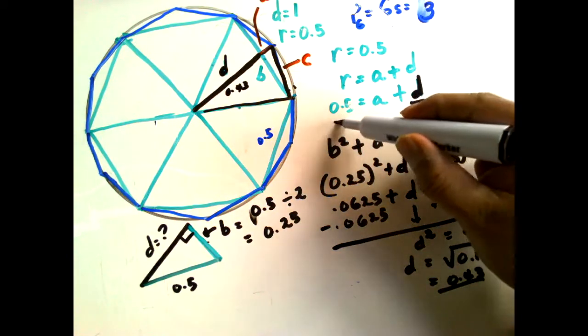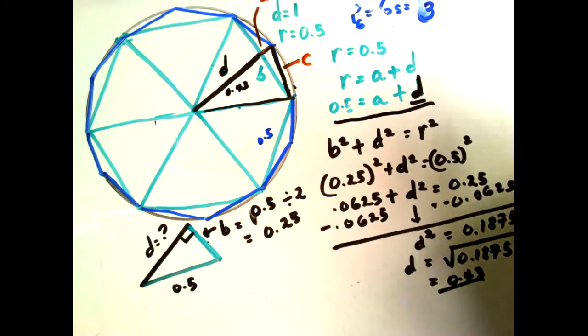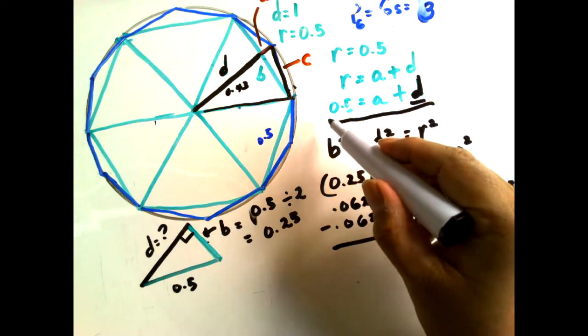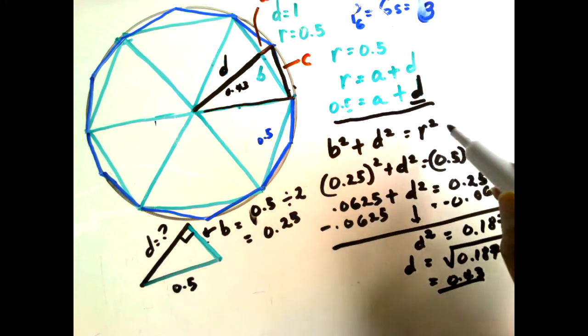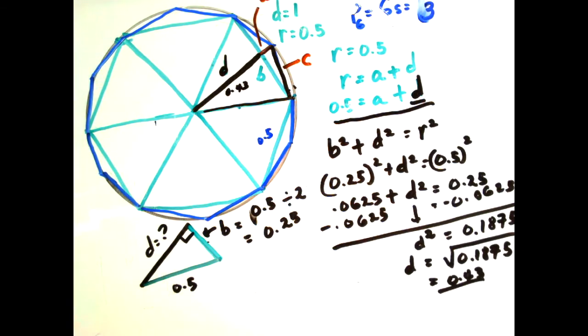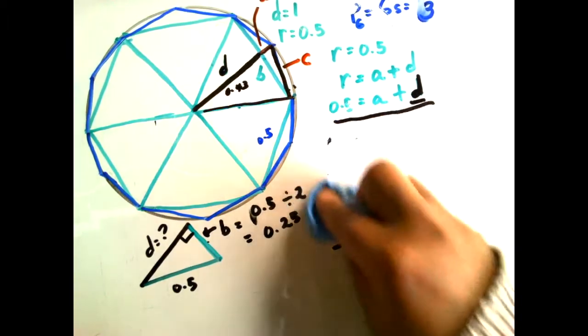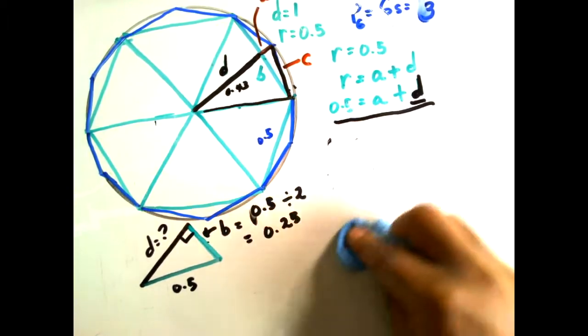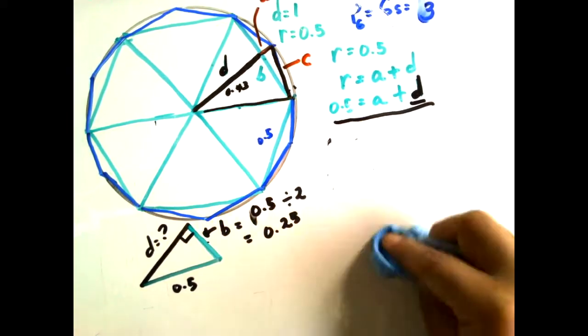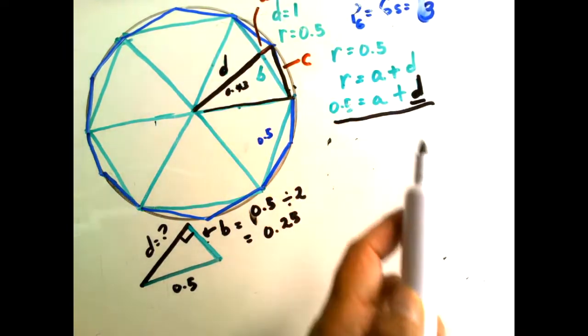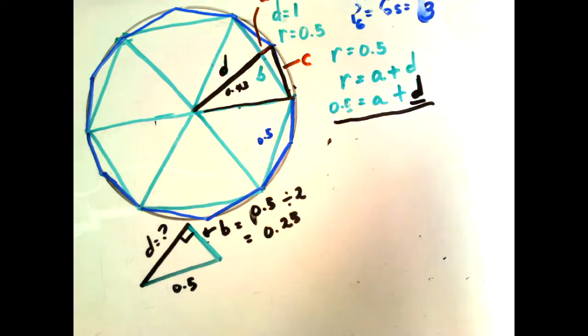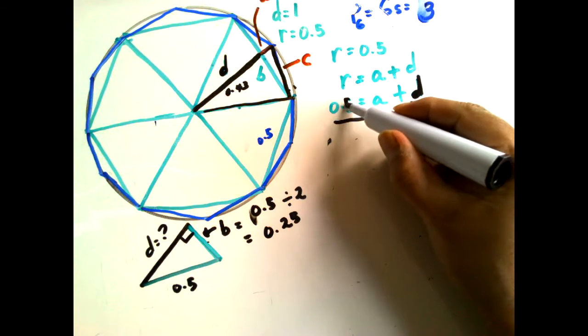So now we have this. Let me just rub the other ones out. So 0.43, that's the value of D. So here, let's just write that.